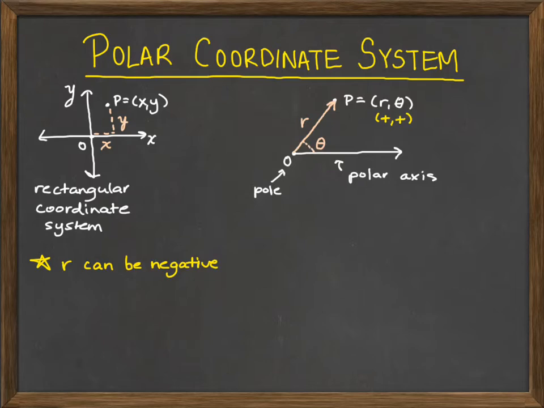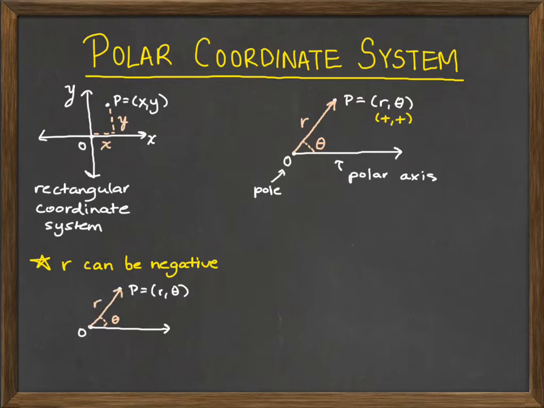Well, let's see. We are drawing a polar coordinate system, so we start with our pole, polar axis, and then let's draw the point P equals (r, theta) again. So we're right here, and this means that we go over theta, and then we draw this directed distance from the origin to our point and call this r.